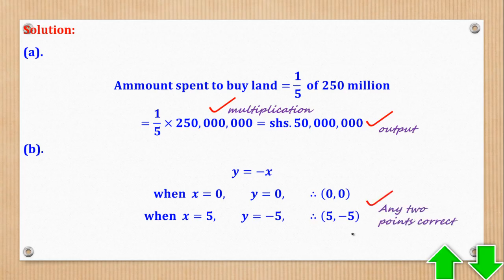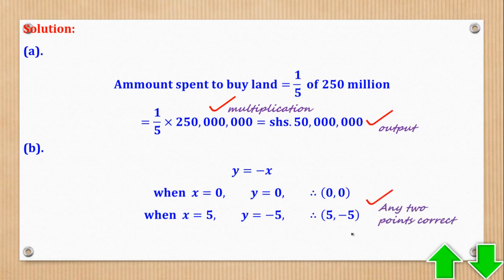Now that I've got the coordinates, we can now go and draw our graph. So we need a graph paper. The coordinates had both positive and negative. So we shall draw the axes in such a way that we cater for both positive and negative values. Then we shall start labeling, put demarcations for the horizontal or x-axis.